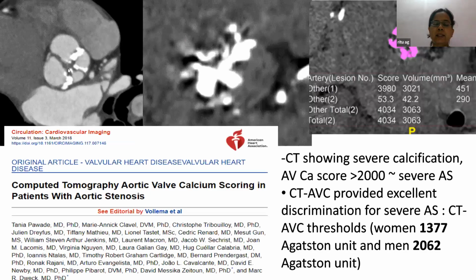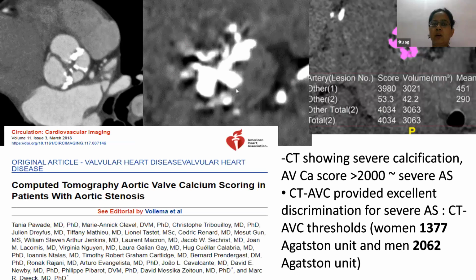So, as the name says, in calcific aortic valve disease, there is significant valve calcification, thickening, and commissural fusion. This is a contrast CT axial image, which is showing a nearly tricuspid aortic valve with significant calcium.